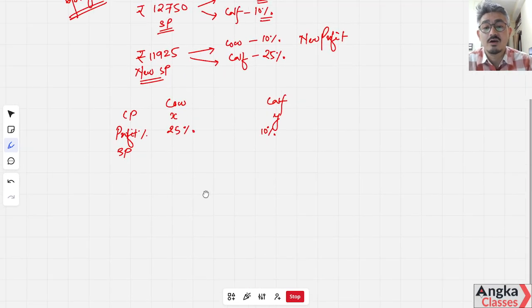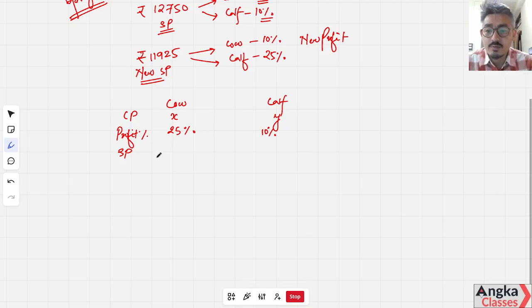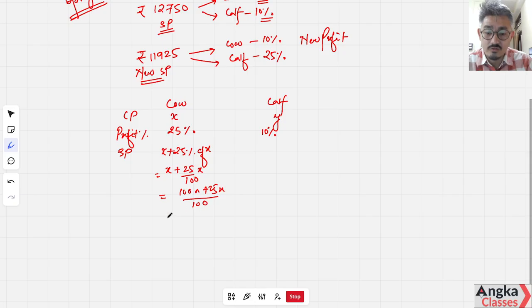So the selling price of the cow becomes x plus 25% of x, which is x plus 25 by 100 x, which is 100x plus 25x upon 100, which is equal to 125x by 100.